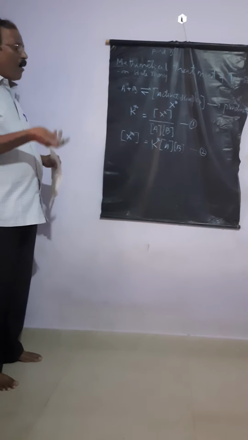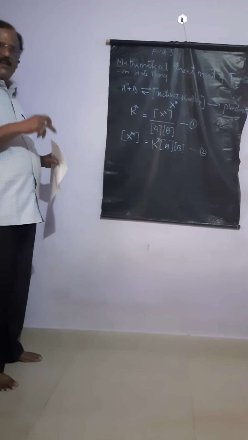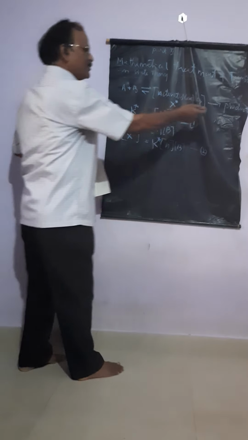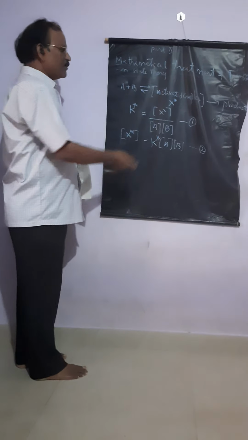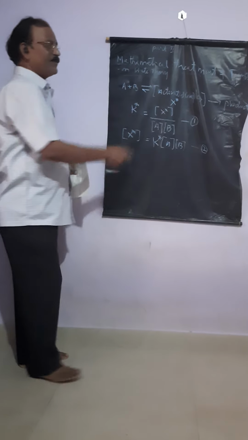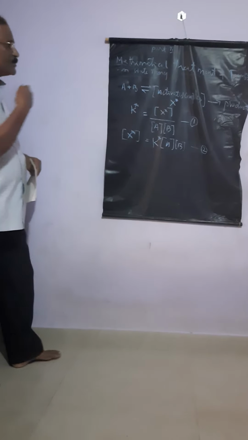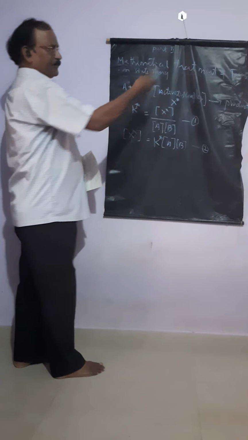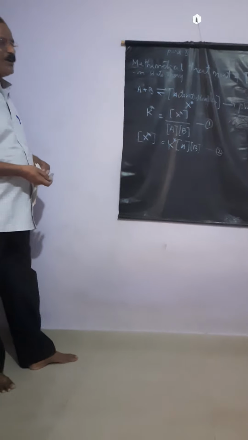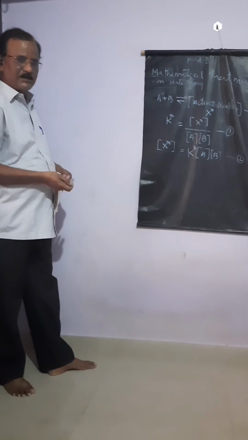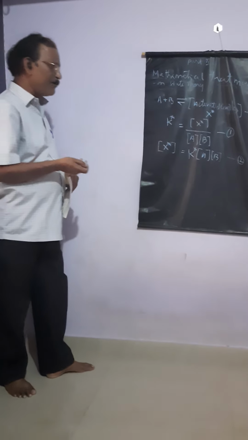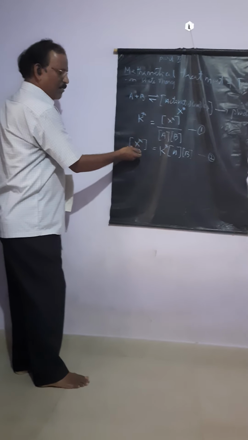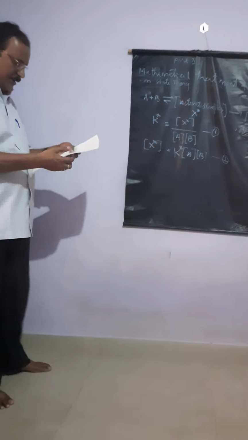Now, according to transition state theory, the formation of product depends upon the concentration of the activated complex, that is, how many molecules of the reactants are converted into activated complex. That is, the rate of the reaction depends upon the concentration of the activated complex.